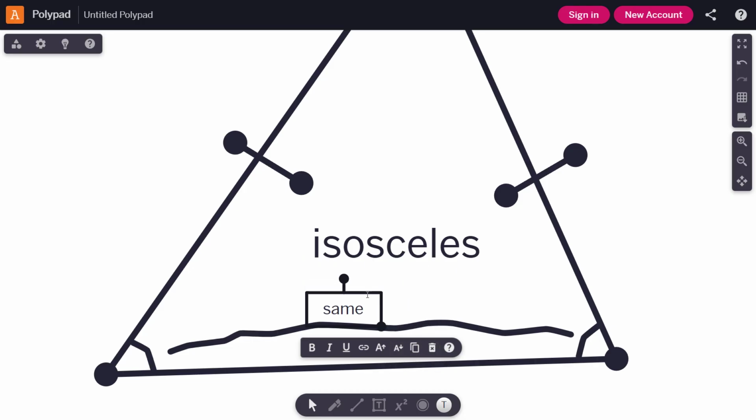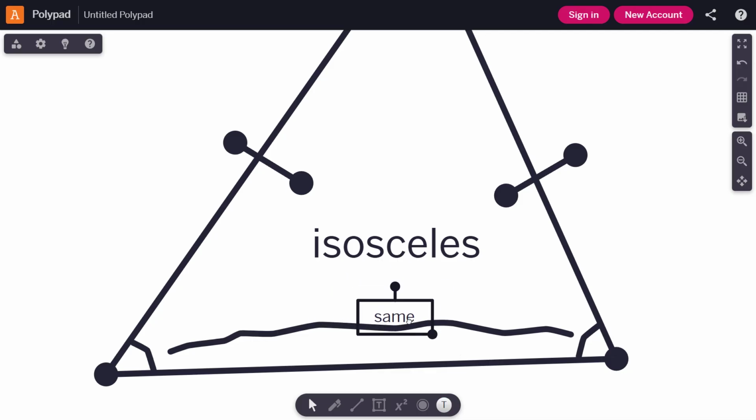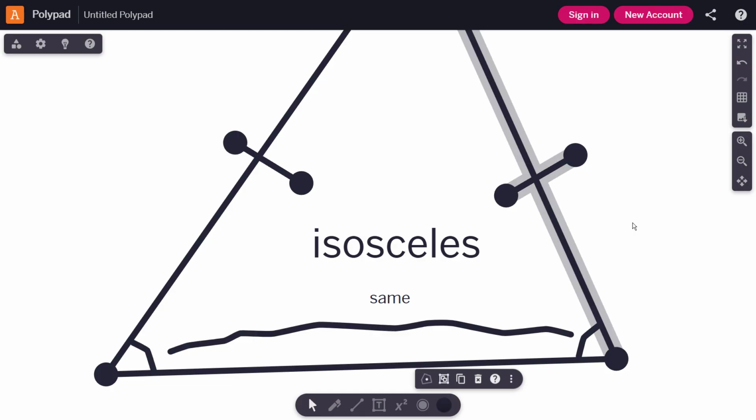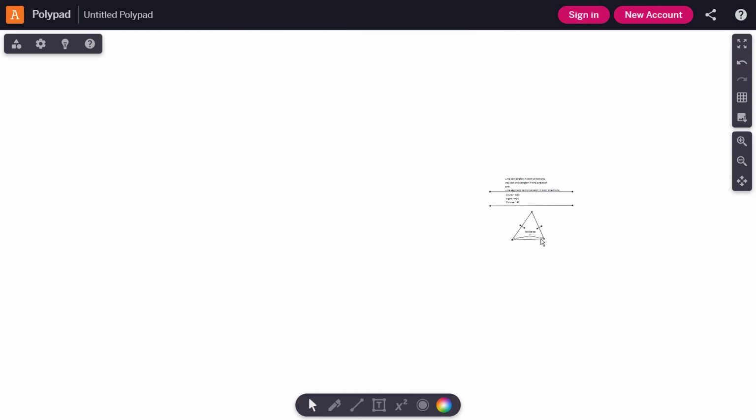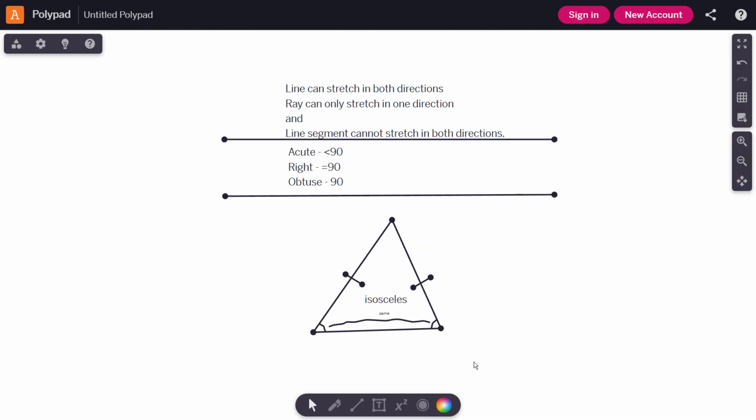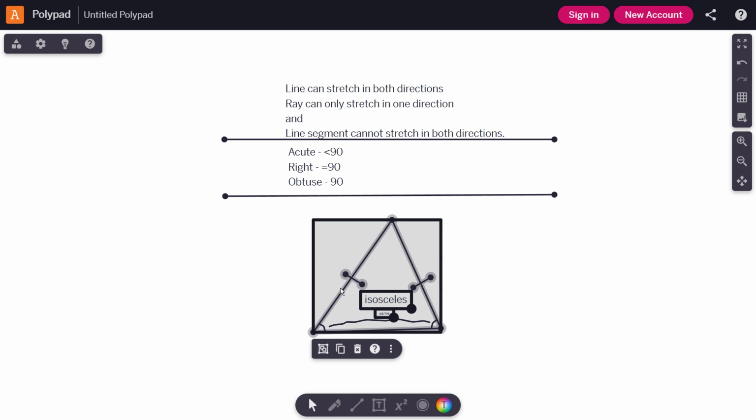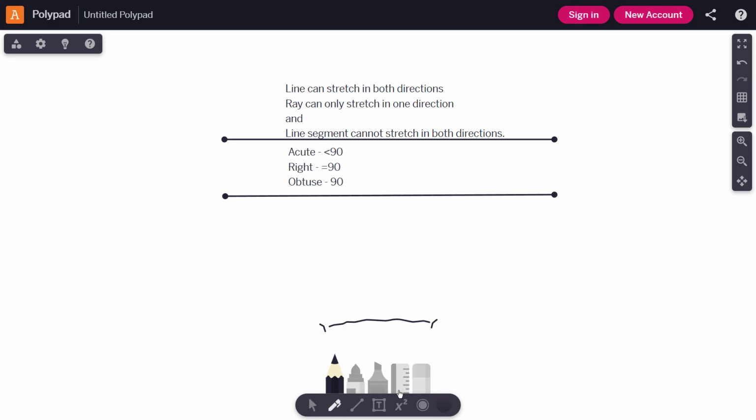This is the special part of isosceles triangles. That's just how special isosceles is. That's why most people want it during their test.